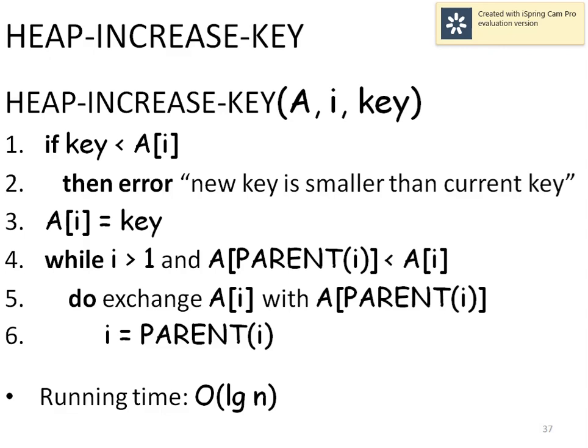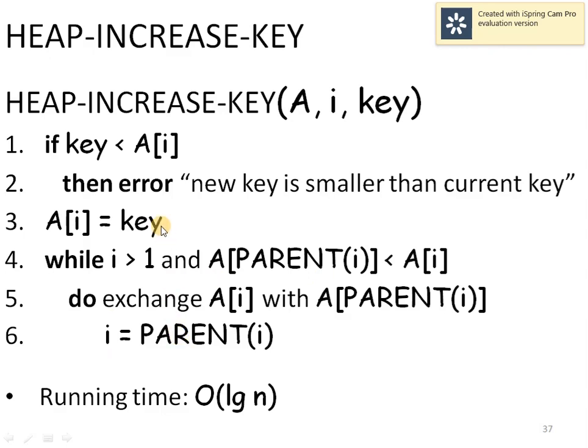And we have to keep on continuing this process till we reach a root node, which in this case we are assuming is stored at index position 1, or we have reached a situation where the value of a parent is greater than the child. So if either of these two conditions falsifies, then we have to stop. Otherwise, we have to keep on doing the exchange and updating i to parent of i.